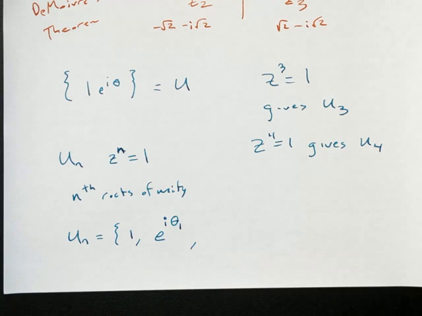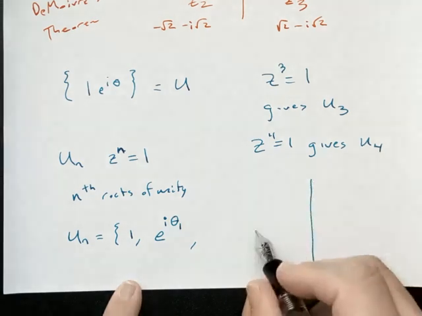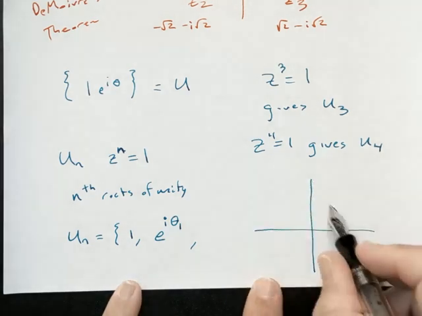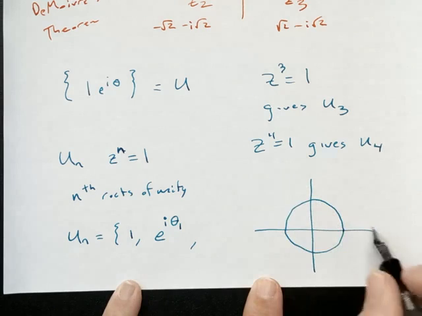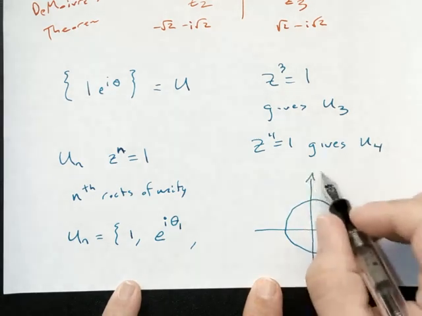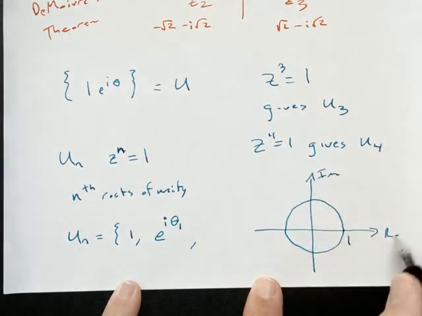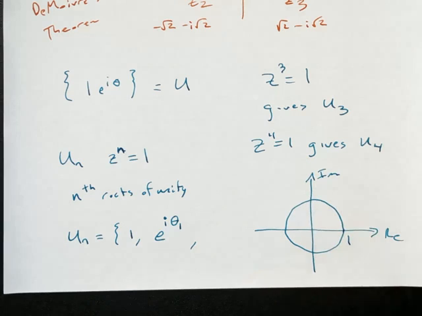So let's suppose I think of my roots of unity. Remember, they all have radius 1. So they all live somewhere on this circle of radius 1. Right? And one of them is 1 itself.